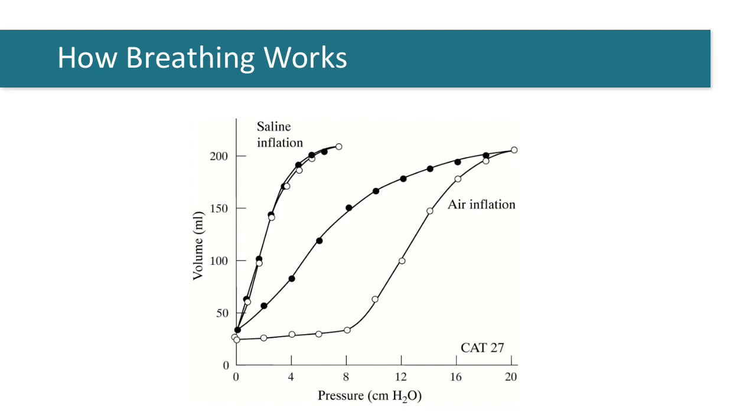During inspiration, initially as pressure rises, there is very little increase in volume, and this is because at low lung volumes, the small airways and alveoli are collapsed and require a certain pressure to be reopened. As applied pressure continues to increase above the airway opening pressure, the lung inflates more rapidly and more easily. This is the most compliant portion of the pressure volume curve.